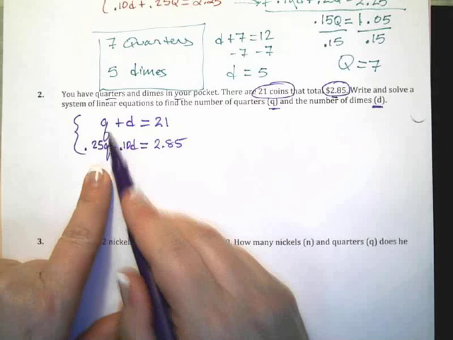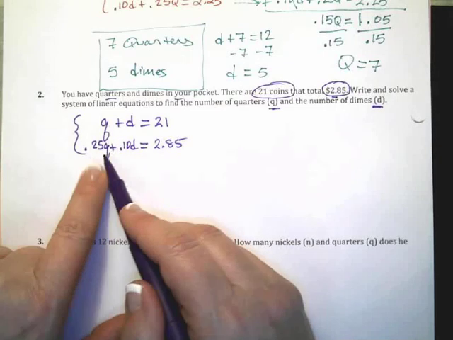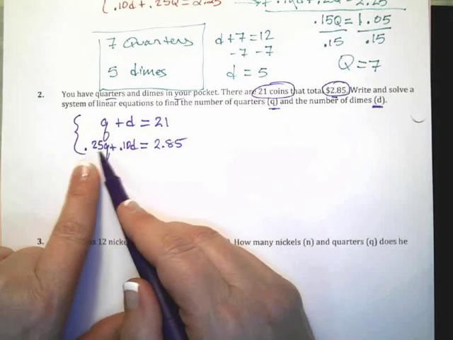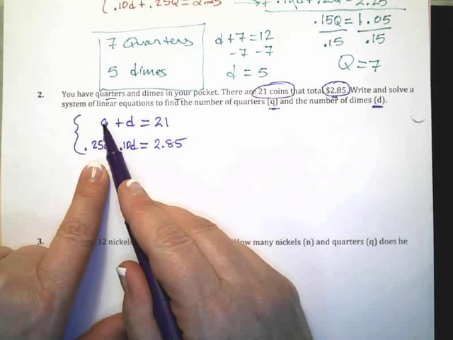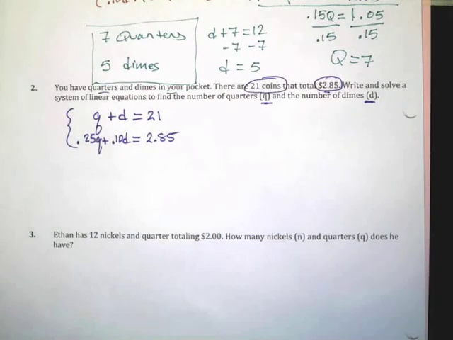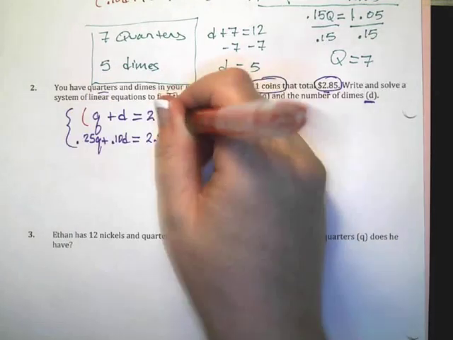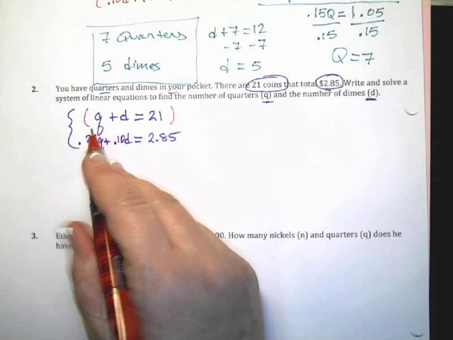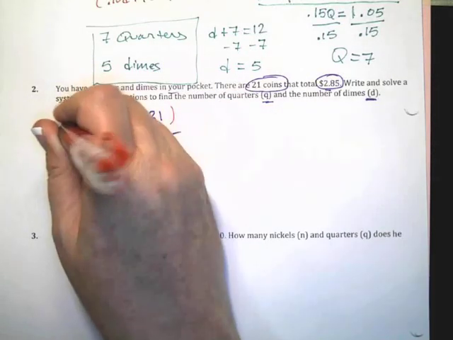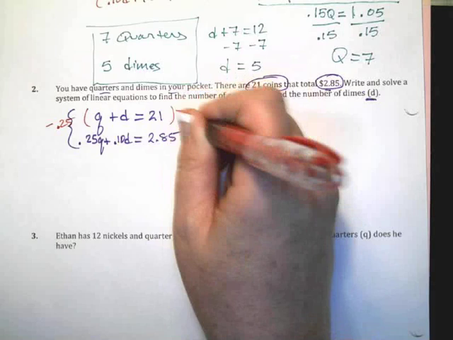Now if I wanted to eliminate the Q's, notice the bottom equation has a 0.25 for the coefficient. If I had a negative 0.25 on this top equation, then we would be able to add the Q's and have the Q's cancel out. So let's multiply the top equation by a negative 0.25.